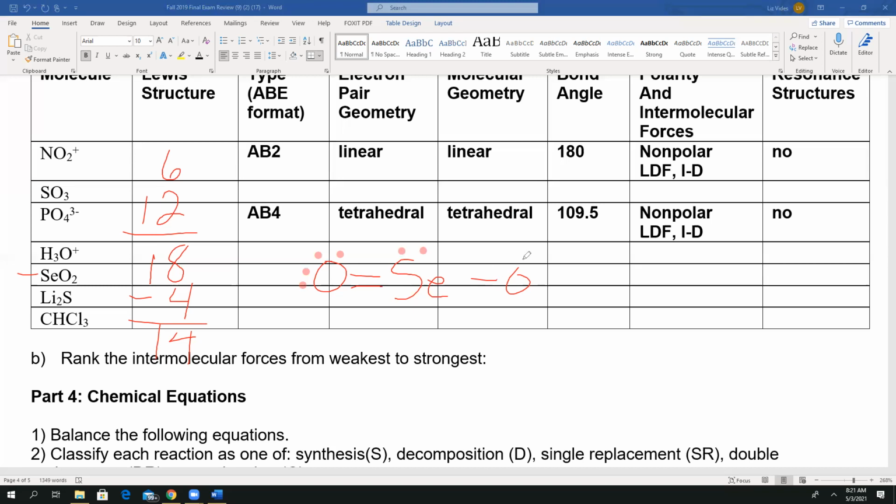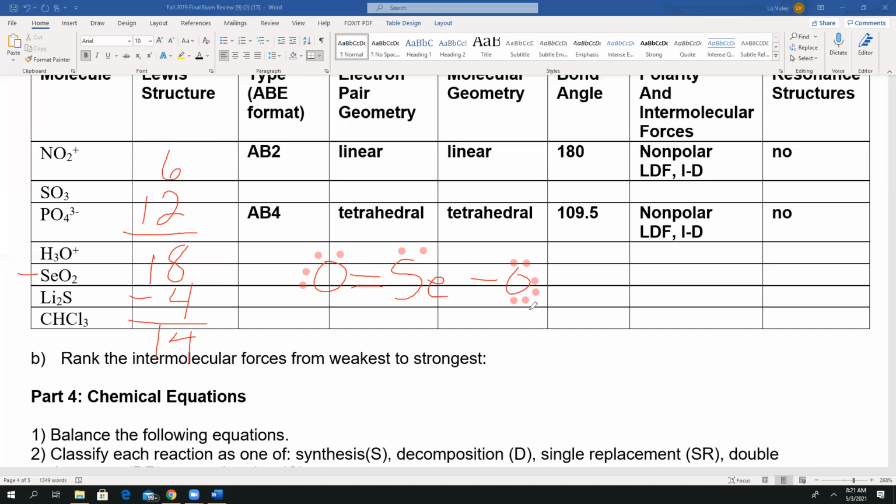One's going to go there. Now, let's see if we ended up with 18, then we're good. So we got 1, 2, 3, 4, 5, 6, 7, 8, 9. 9 times 2 is 18. So that's good. That's the correct Lewis structure.